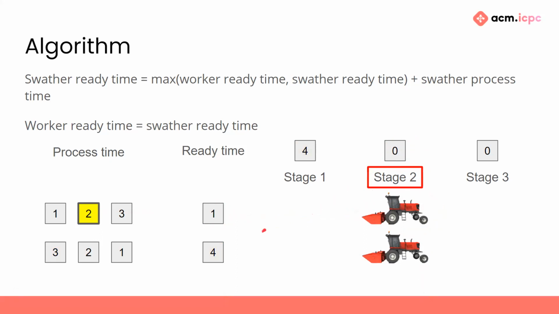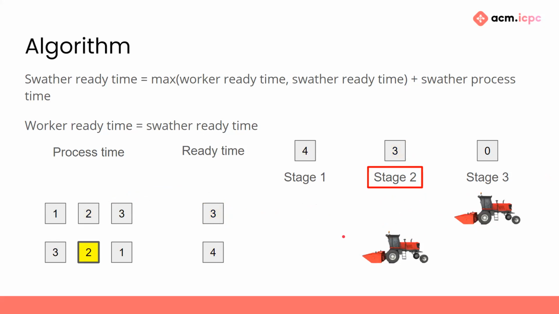We need to take the max of these two, because both of them have to be ready for the process to begin. So we take the max, which is 1, and then we add it to the process time to get the new swatter ready time. And once we calculate that, it would be 3 in this case, which is 2 plus 1. And we save that number in the swatter ready time slot and also the worker ready time slot. And then we move the swatter to stage 3.